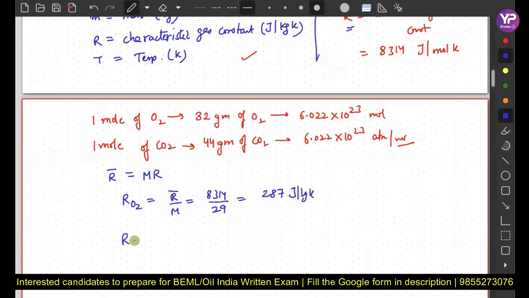Sorry, it is not for O2 here, it is for air. If you want to find it for oxygen, it is 8314 divided by 32. For CO2, it is 8314 divided by 44, and so on.